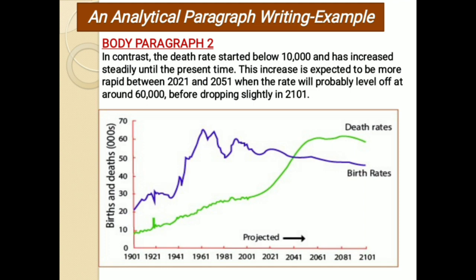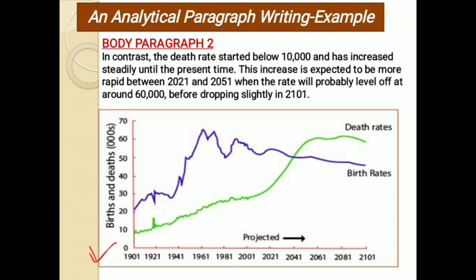Now let me talk about body paragraph 2. When we are planning to write body paragraph number 2, again we are going to analyze the graph. Here we will see the death rate now.